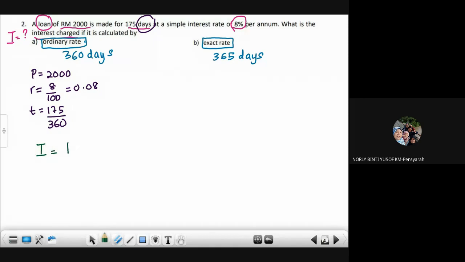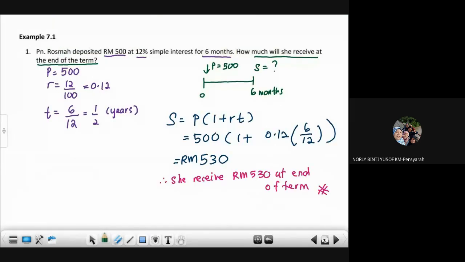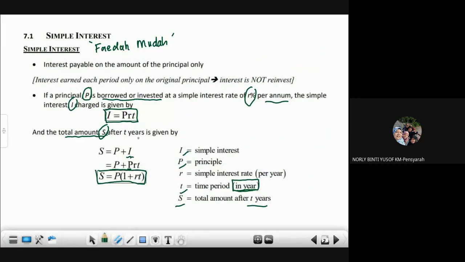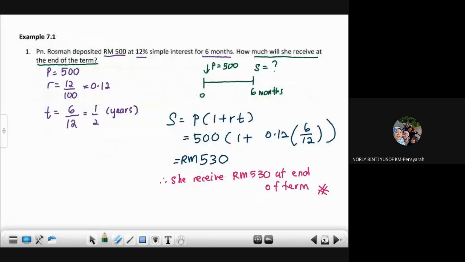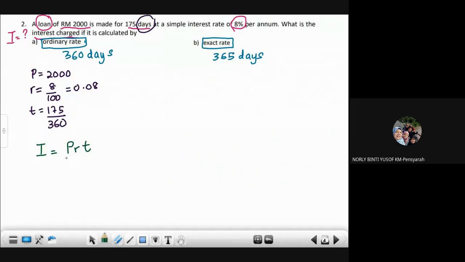Interest is PRT. Kan kita ada dua formula kat sini, kena tengok. Okay, so kita cari, principal adalah 2,000 times 0.08 times 175 over 360.